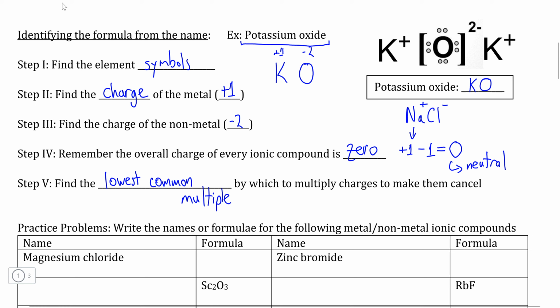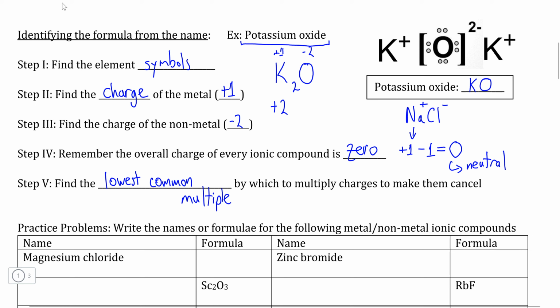Well, positive 1 times 2 is positive 2. So what we've done here is we've said because the number 2 is the lowest common multiple between 1 and 2, if we multiply positive 1 by the number 2, we get a total positive charge of positive 2.